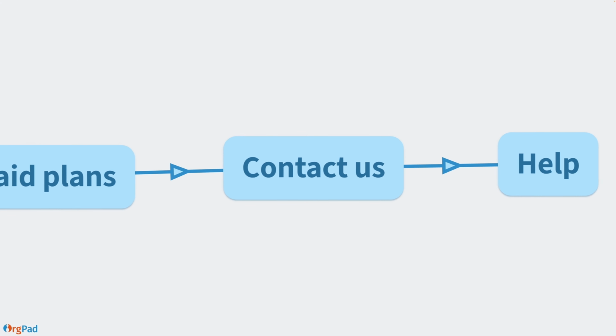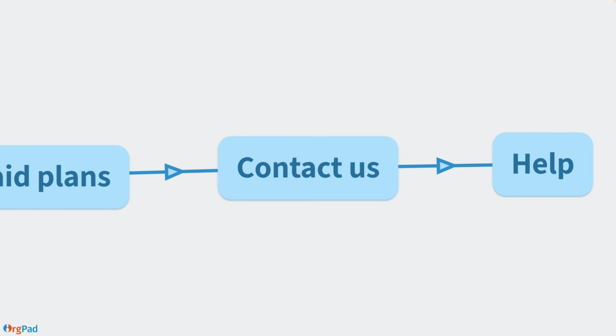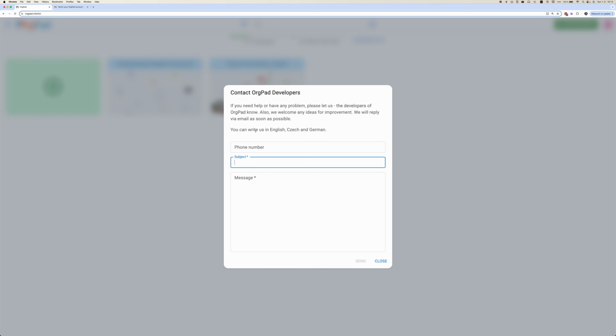Now, if you have any problem or you want to ask any question, feel free to contact us. The easiest way is to click here on the side menu and click Ask a Question. It will show you a small dialog in which you can write what is your question subject and message. We will receive an email with your question and will reply to you shortly.